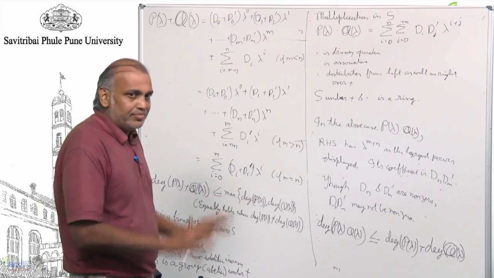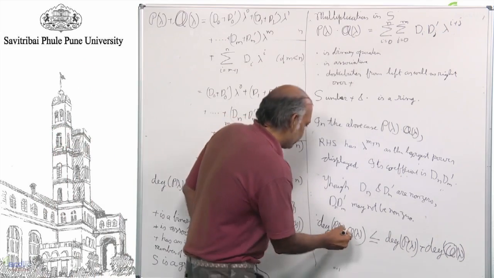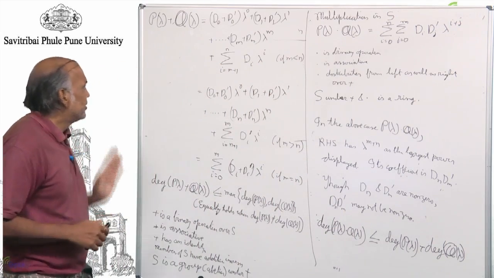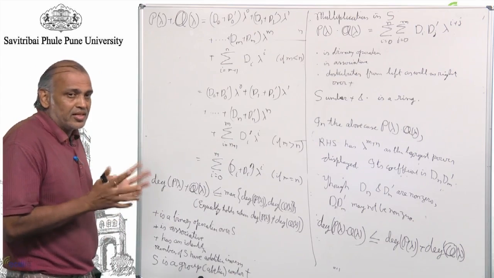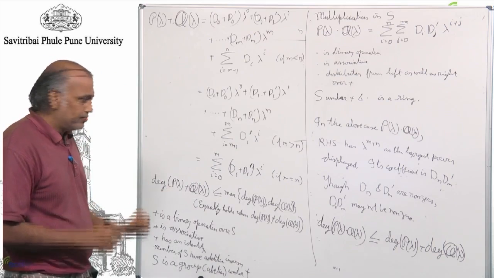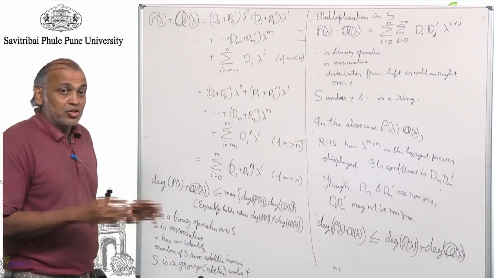I have added it separately, the way I defined polynomials for you. This completes the theoretical structure, the abstract structure that you would need to address our problem. So now let me move to the actual problem that we have.